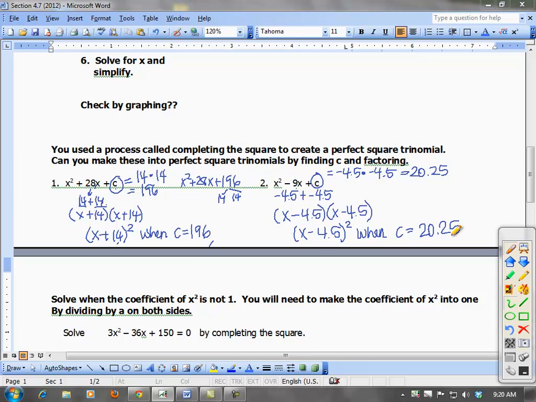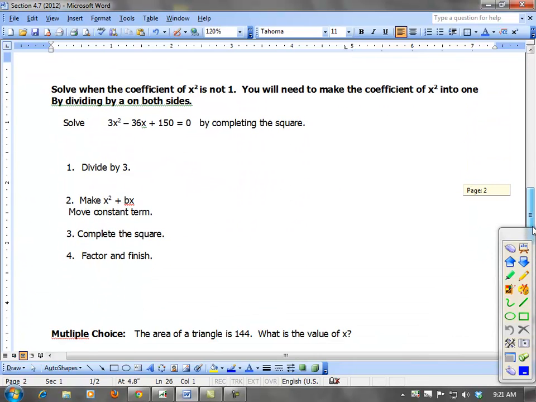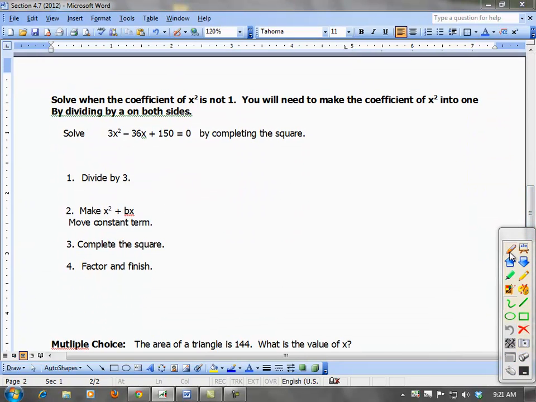Okay, so let's try another completing the square now that we've looked at kind of how to pick our numbers. So scroll to the back side. Okay, and we're looking at the back side. Now, here's a difference as you already look at it. Instead of just a single x squared, I now have 3x squared.